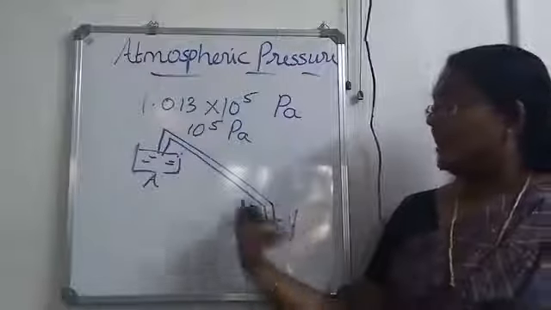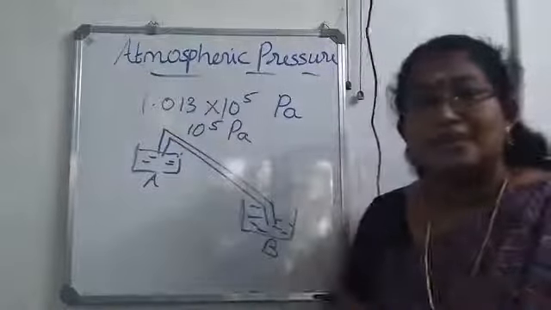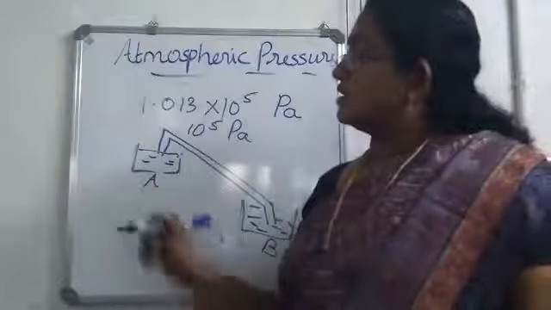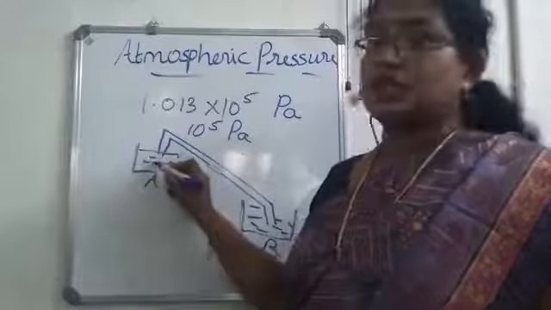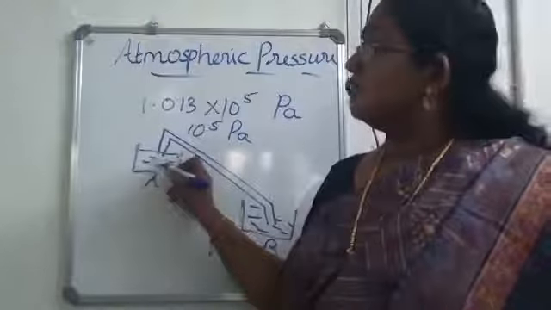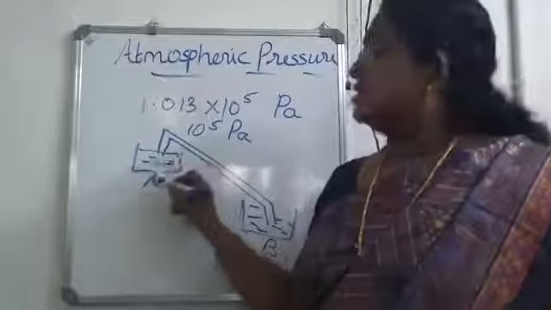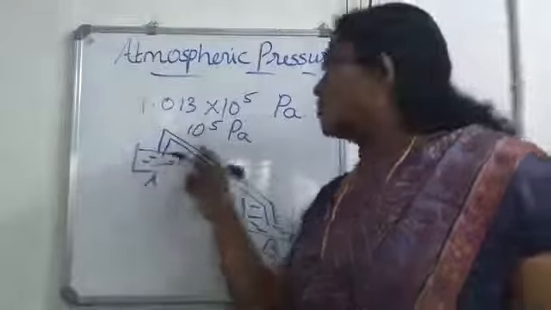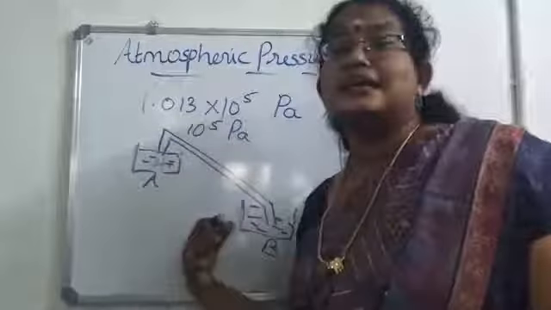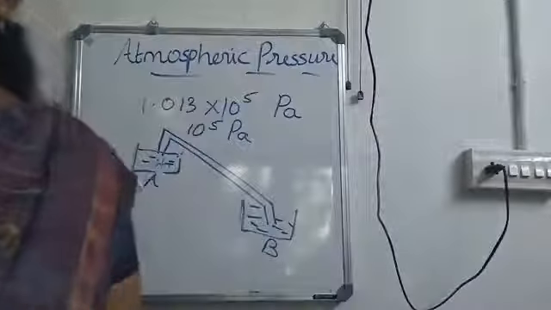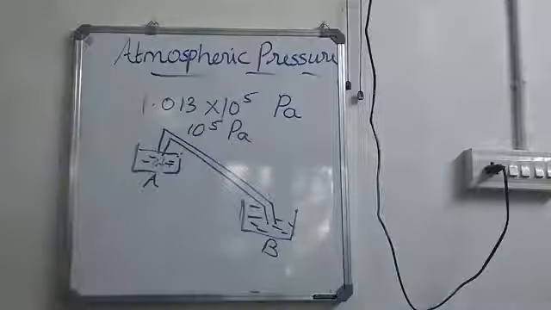So suck the air means inside this nothing will be there. A low pressure region is created. So atmospheric pressure will push the water present in this cylinder into the siphon system. So water will come down and you can collect it at B. So these are the different consequences of atmospheric pressure.